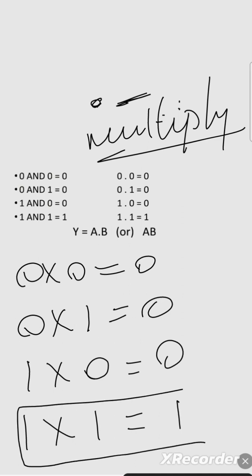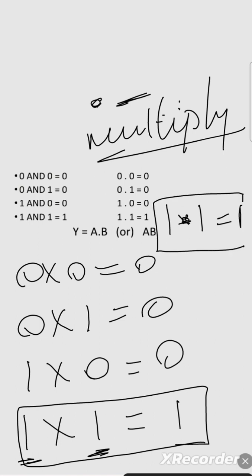This is the condition. These are the two operands. If two operands are ANDed, that means 1 dot 1 equals 1. If two operands are ANDed, then the result will be 1 only when both operands are 1s.